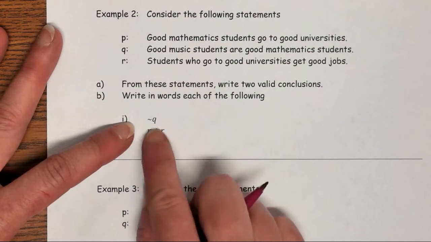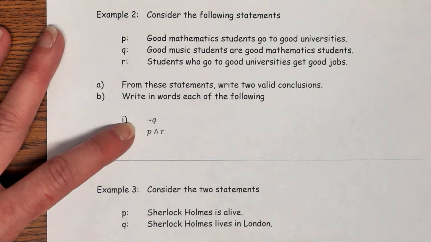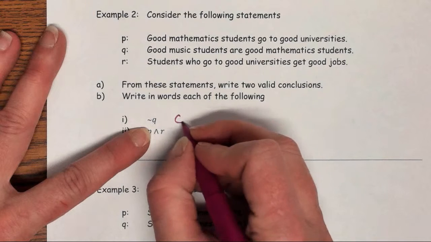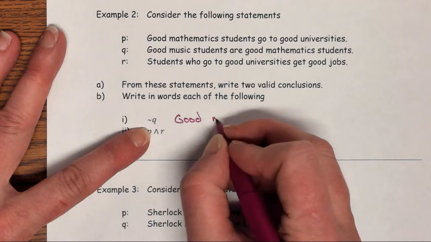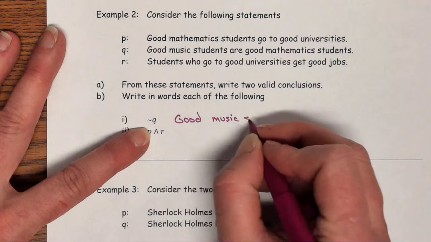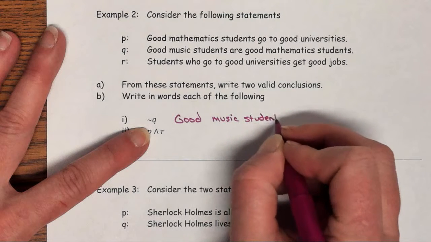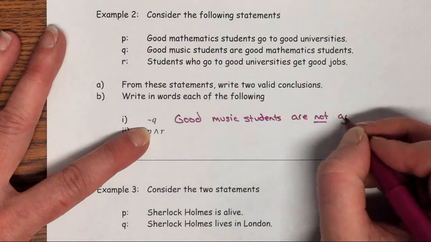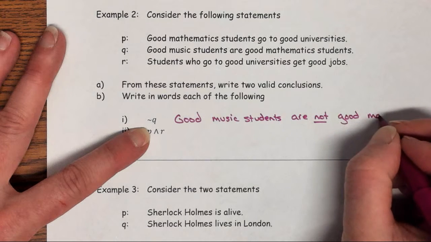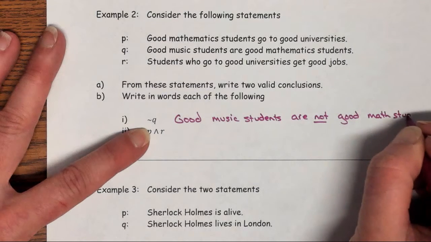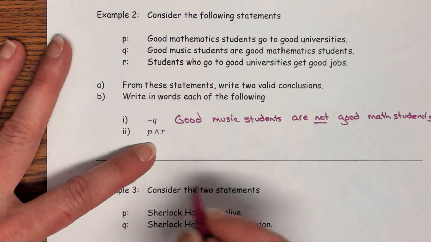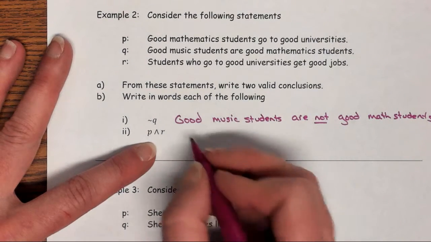Now what would the squiggle Q give us? So that's the symbol for not. So good music students are not good math students. The upside down V was the and.